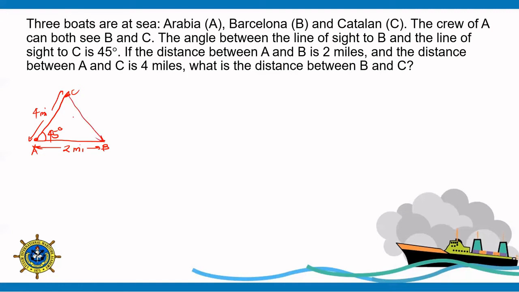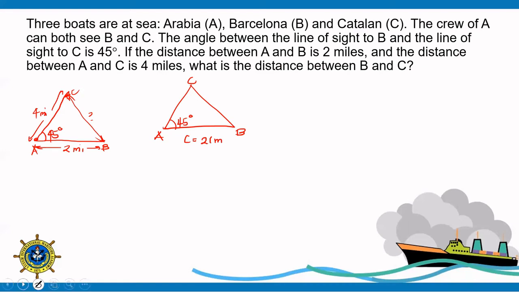So, ito po yun. So, hinahanap natin itong distance na to. Okay, so if we will take out the triangle, it would look like this. So, ito yung angle A, angle B, angle C. This is 45 degrees. So, at this side here, nakatapat ng C, this is equal to 2 miles.